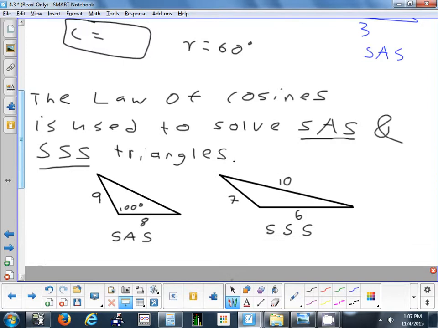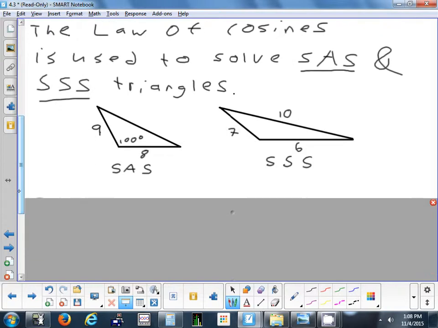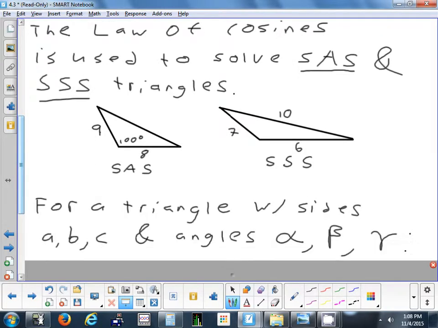Okay, so side, side, side. Okay, on the left is an example of side, angle, side. On the right, side, side, side. So as I give you the law of cosines, it comes in 3 parts. Just like the law of sines, there's 3 fractions.